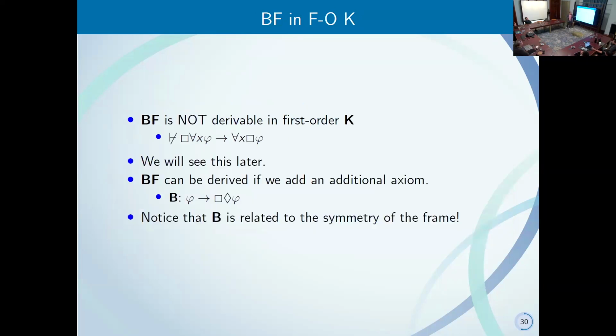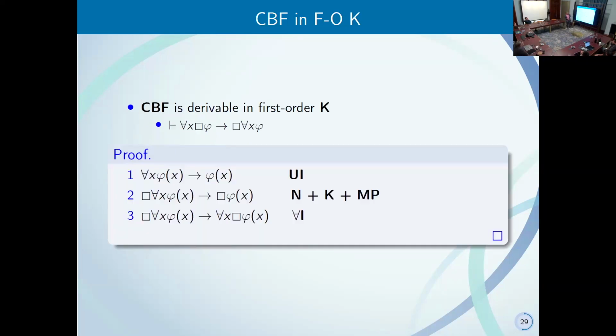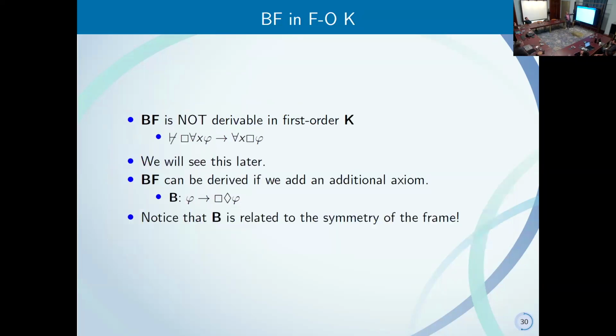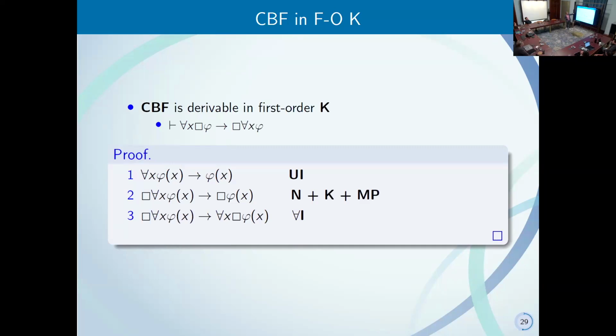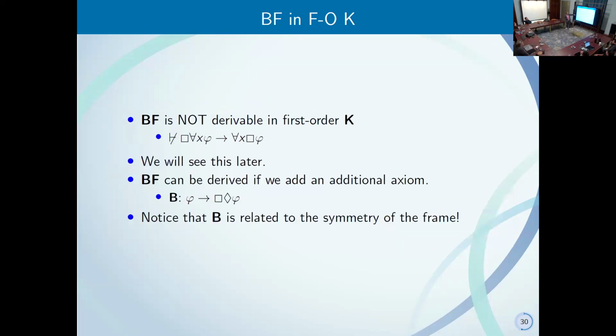But the Barcan formula, so it's the other direction. No, I switched it up, right? Accidentally. Yeah, sorry. This should be exactly the opposite way. It is not derivable. And the Barcan formula, we will see this on a later slide.